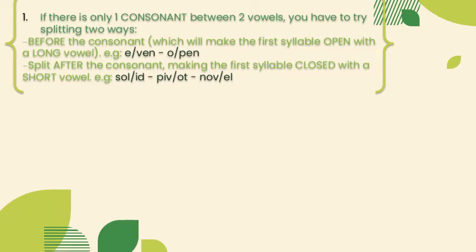So we split between the first vowel and the consonant, as in even, and the first vowel makes a long sound. The second vowel letter then makes a short sound. Even, open. Or you split after the consonant, making the first syllable closed with a short vowel. Example: solid, pivot, novel.